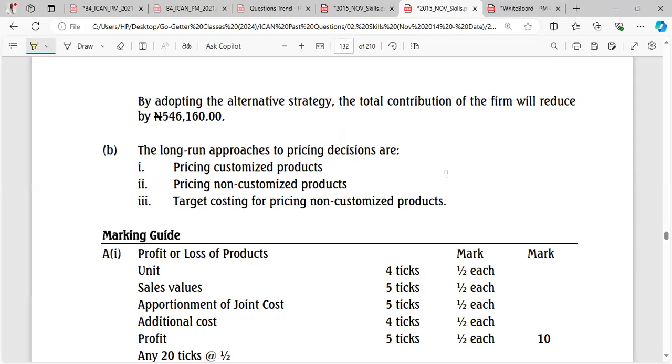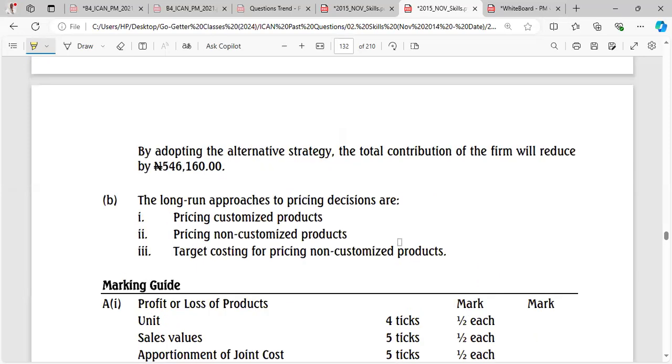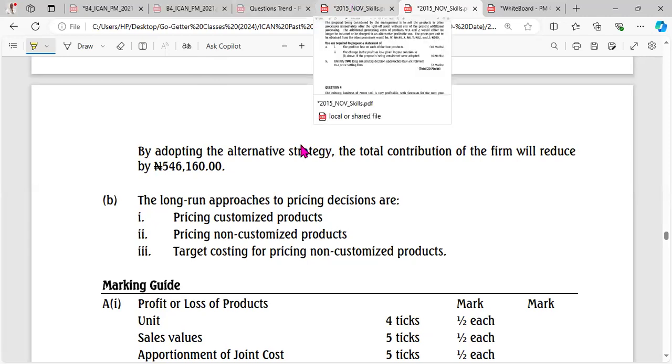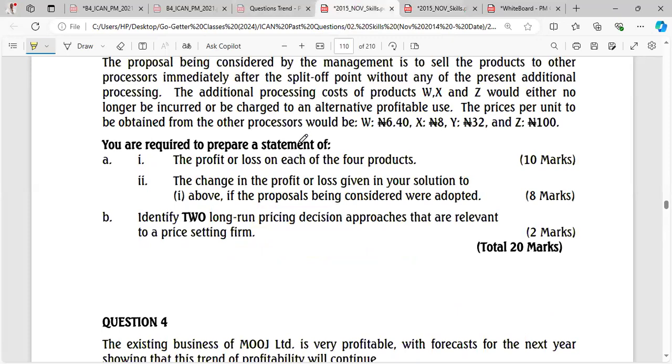So that's it. We have learned two things today. We have learned shut down or continue, and we have learned process further or sell now. Look at this question number 6.